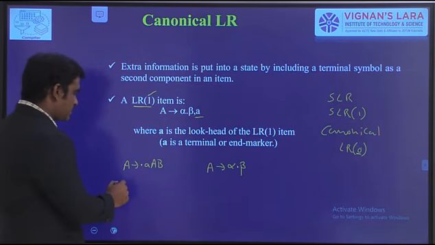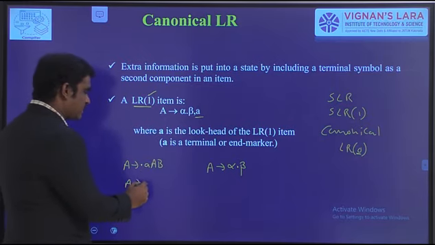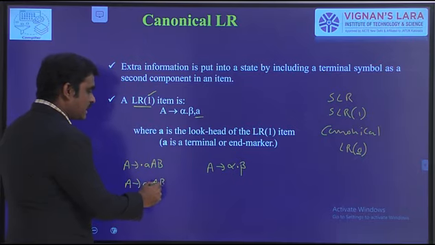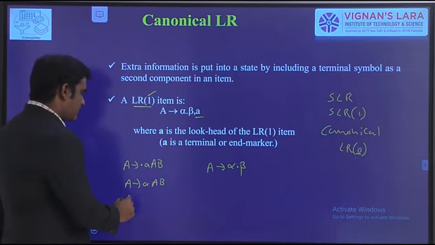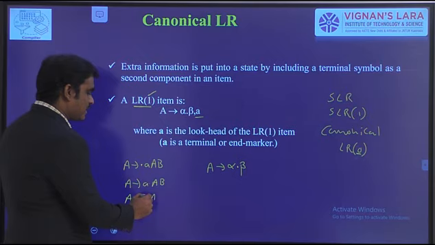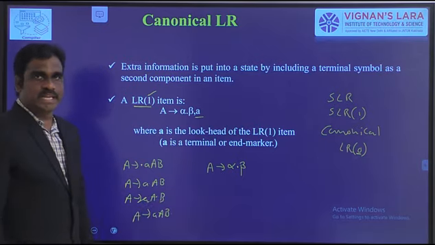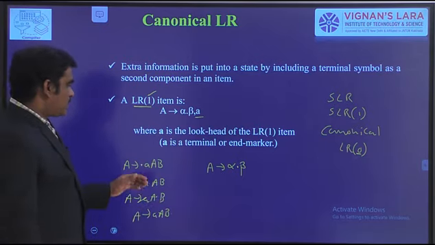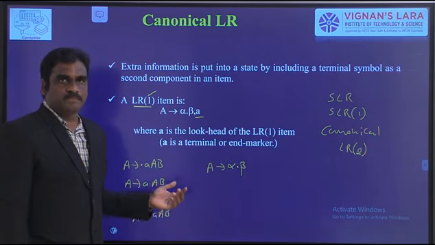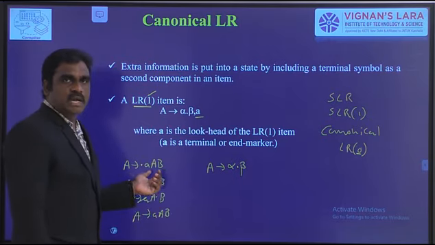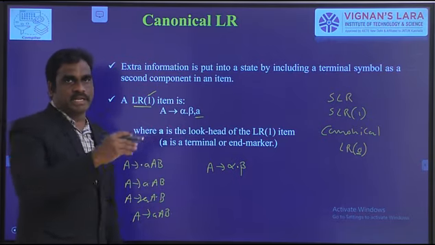And the next one, by using the goto operation, the dot moves to the right hand side: A to A dot B. And finally, the production is A to AB dot. So here also the approach is the same. It starts with the dot and the dot moves to the right hand side.